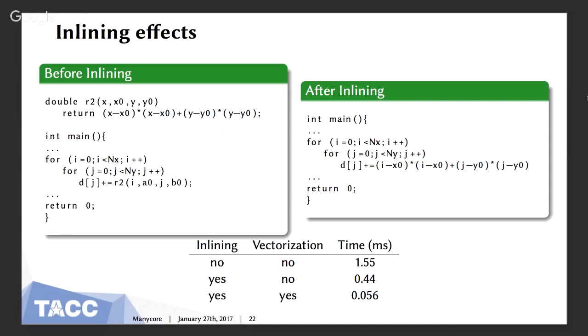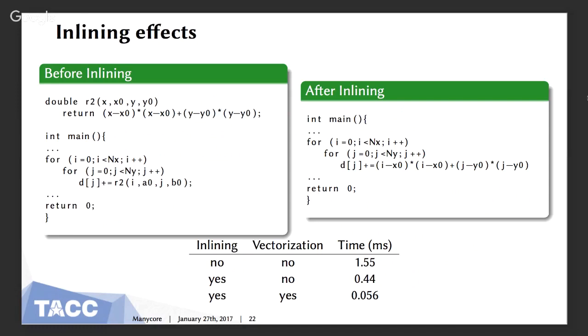How would you vectorize that? I don't really know. If I was a compiler, I wouldn't know what to do. But after inlining, it just inserts the lines of code for that function directly into the code. So it actually does this at like a pre-compilation phase. It sticks that line in, it sees that, then it can do its vector analysis on that. It knows how to work with that.